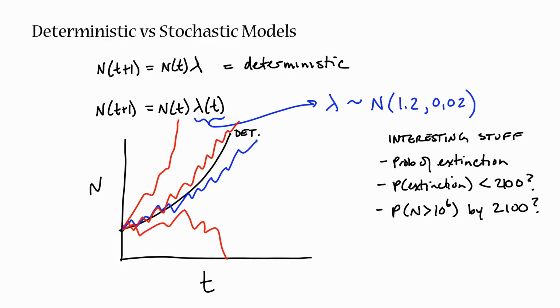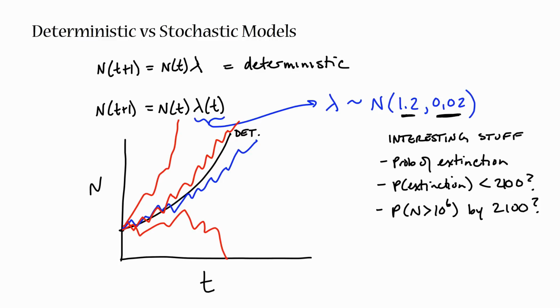The other thing I want to point out is that most of the time for stochastic models, depending on the probability distributions you're using, you need to know both the mean and the variance of the randomness you're adding into your system. Particularly the variance matters, because if the variance is large, then your trajectories have more wobbles in them. And one other diagnostic difference between deterministic and stochastic models is that the endpoint of a deterministic model is just that, a single endpoint.